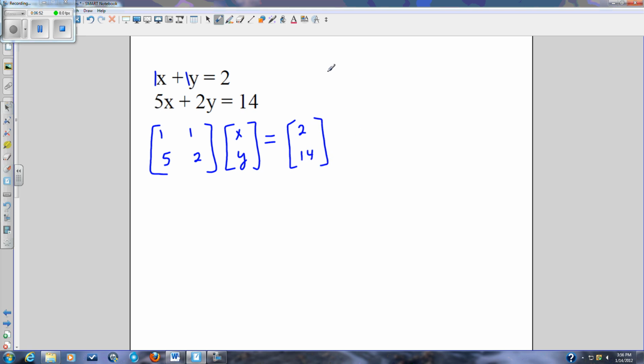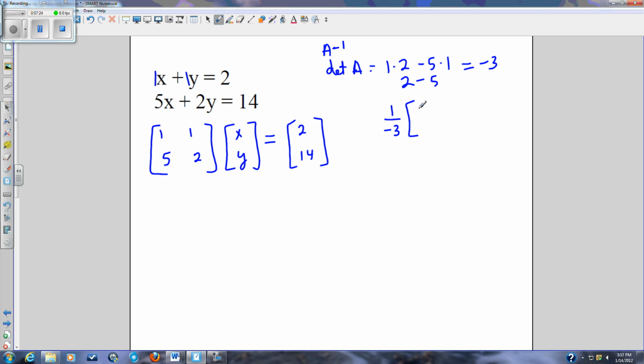We need to find the inverse matrix for 1, 1, 5, 2. So we have to start by finding the determinant of A, which we find by saying 1 times 2 minus 5 times 1. So we have 2 minus 5, which is negative 3. And as you know, the formula for finding the inverse matrix, we take 1 over that determinant of negative 3.